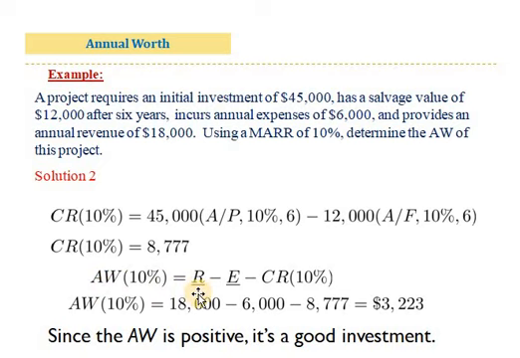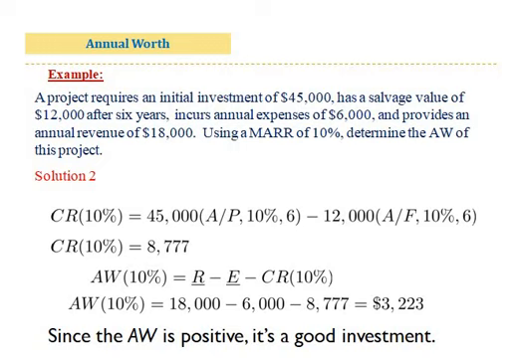Now, what will be the total annual worth? You have to know this rule. Annual worth is the revenues minus expenses minus the capital recovery, because we agreed that the capital recovery is a cost, so a minus sign. So what are the revenues? We have annual revenues of $18,000. We have annual costs of $6,000.